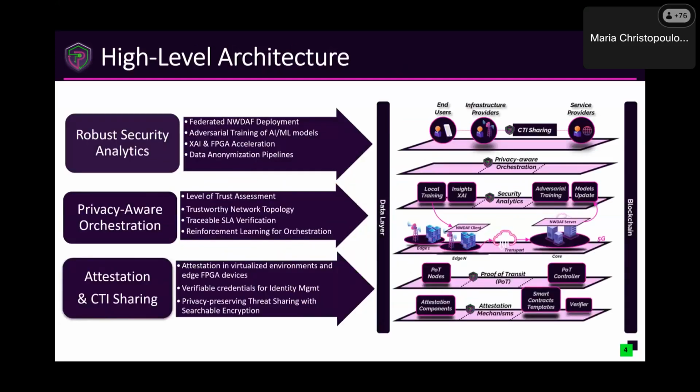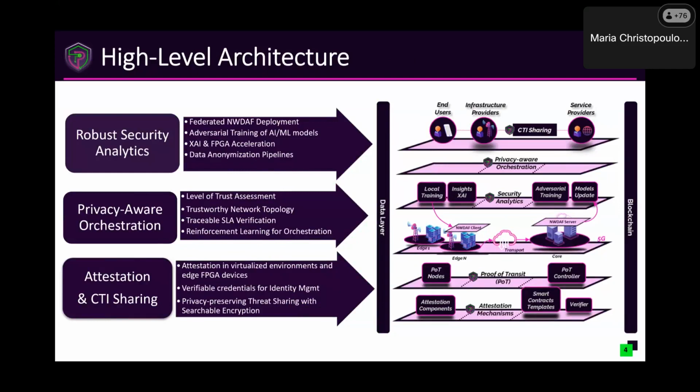Now, this is the high-level architecture. Essentially, you can see the technical pillars as they are mapped into the different horizontal layers. You can see some of these pillars there, the adversarial training, for example, the federated learning scheme, and the attestation components at the bottom of the picture.